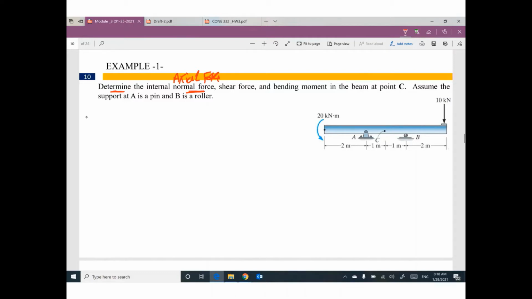Shear force and the bending moment in the beam at point C. We have a specific point called C. At this specific point, we need to determine axial force, shear force, and the bending moment. And the problem said assume the support A is hinge or pin, and B is roller. How can I determine the internal forces, normal force, shear force, and the bending moment at C?